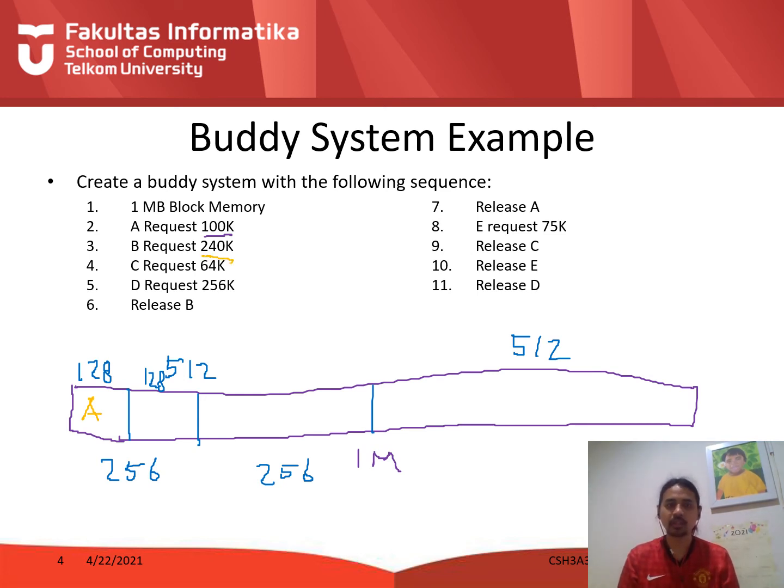Then we want to put 240, and we can put it right here, B. So B is here, 240, and then we have 64K, which we said earlier that 128 divided by 2 is 64. So we divide this one into 2 and we put C here.